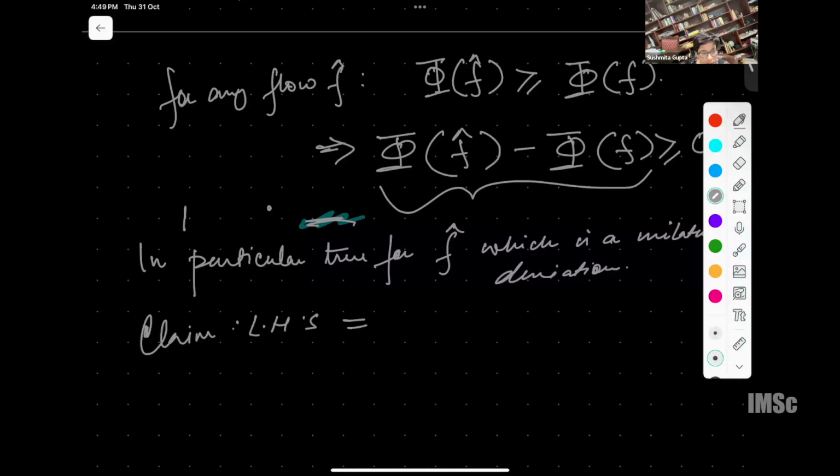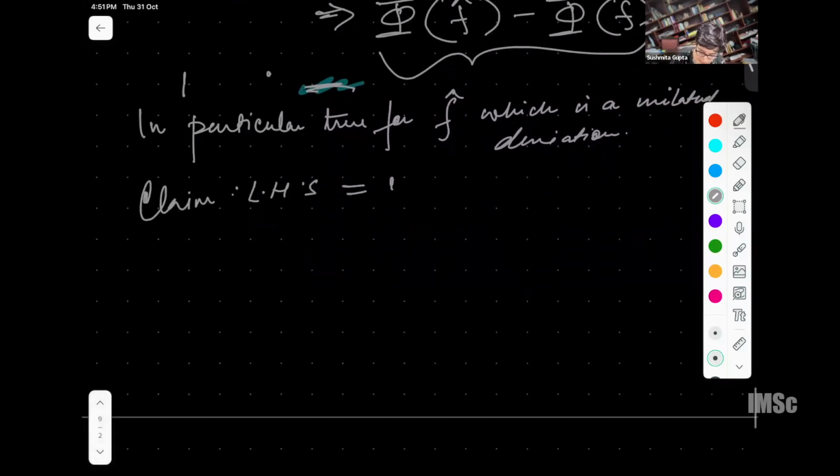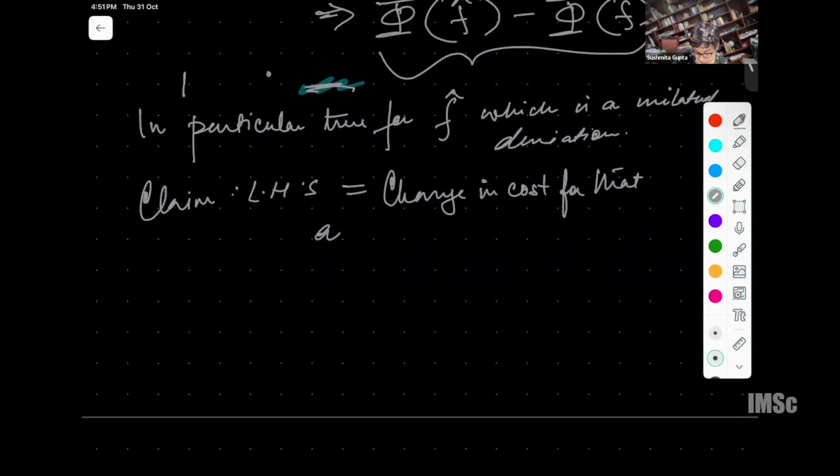Just a minute. One second. So, the change in cost for that agent's deviation.